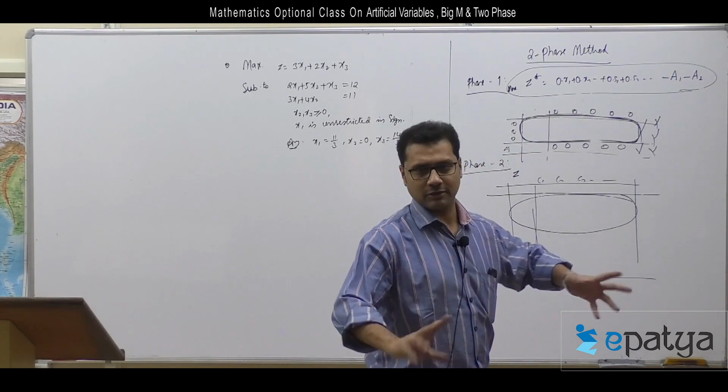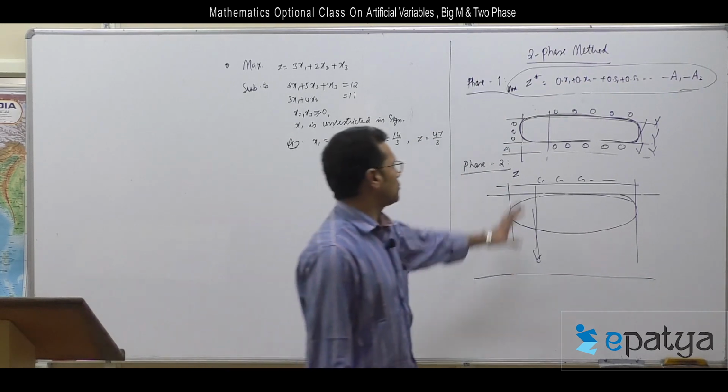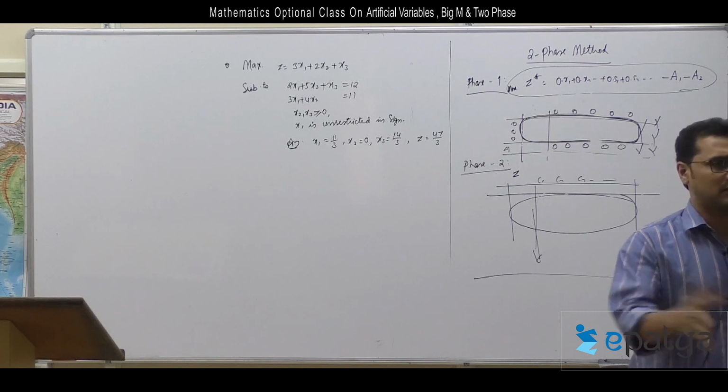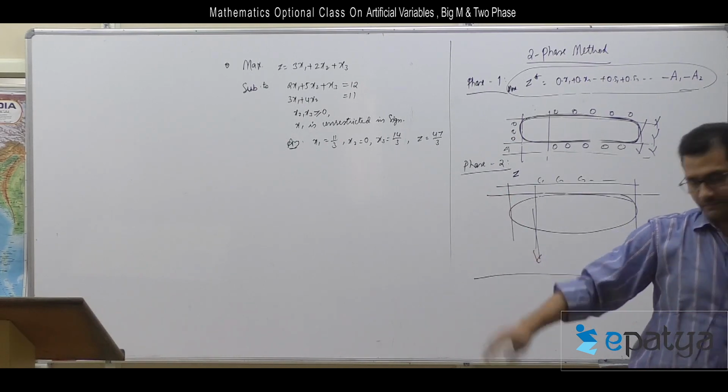You understand, the objective function changes. In the previous method, the big M method, there are no two phases. It is only one single phase in which you assign minus M cost to all the artificial variables in the original objective function only.